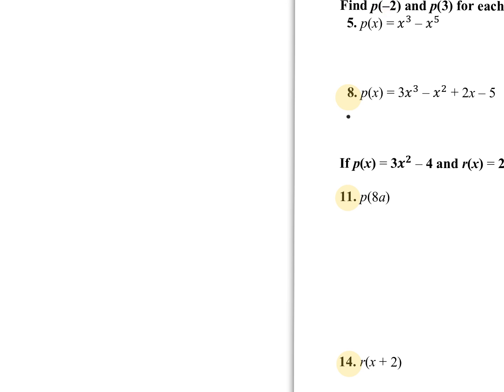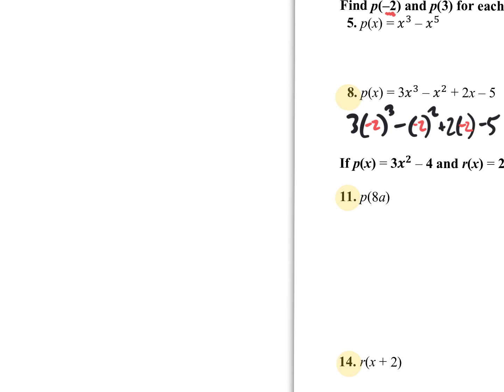So one option is to write 3x to the third minus x to the second plus 2x minus 5, and actually plug in the -2 right in there, -2, -2, -2. You could do all this math, even with the calculator, and get an answer, right? And that answer would be the answer to P of -2.